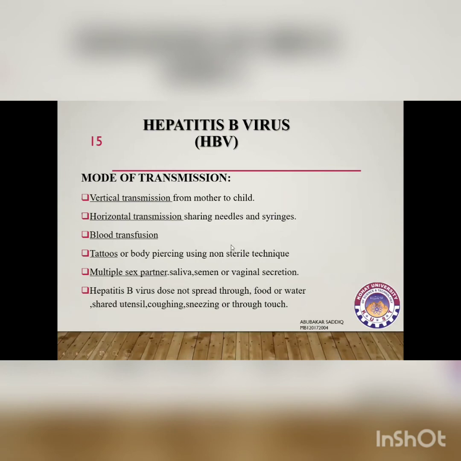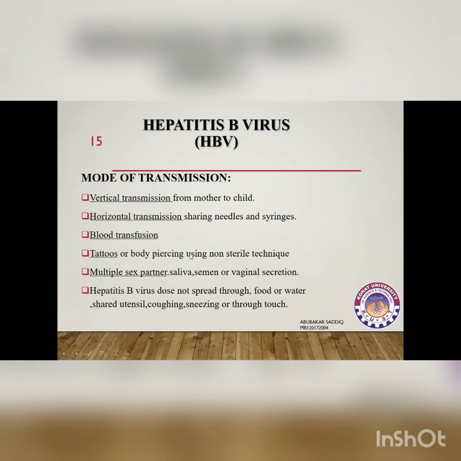Now, mode of transmission. How does the HBV virus transfer from person to person? There are many routes. The first is vertical transmission from mother to child. Horizontal transmission from person to person occurs by sharing needles and syringes, and blood transfusion from an infected person to a patient.